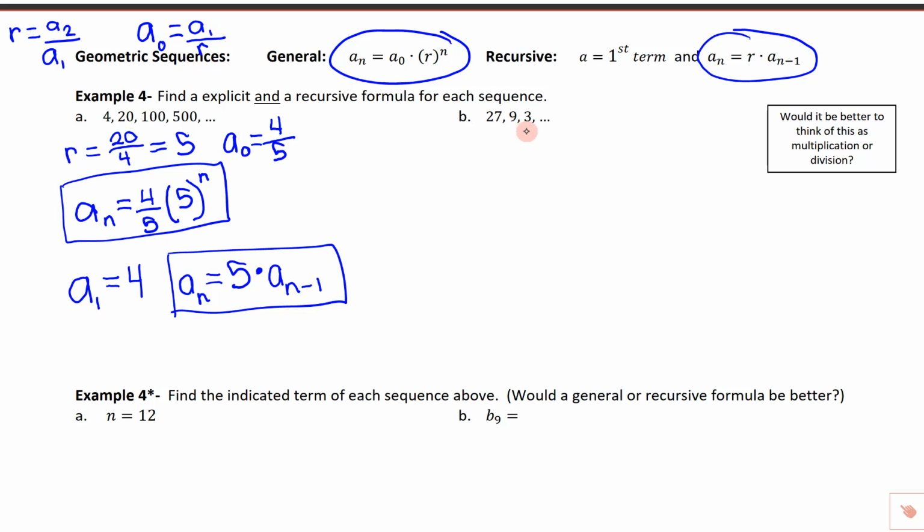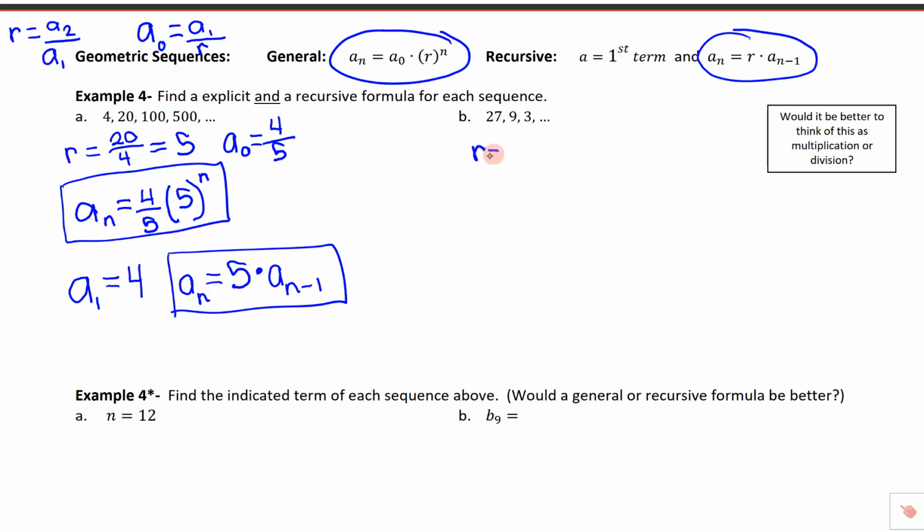27, 9, 3, 1. So a lot of people have a harder time just recognizing what we're multiplying by on this one. So if you need to use that formula, a lot of people look at this and they're like, well, we're dividing by 3. That's correct, but what are we multiplying by? If you're dividing by 3, what number are you multiplying by?